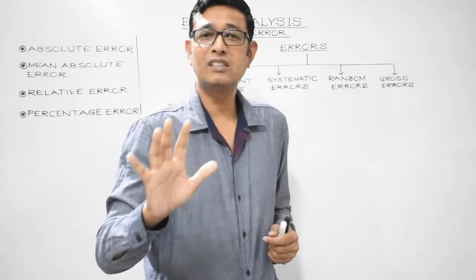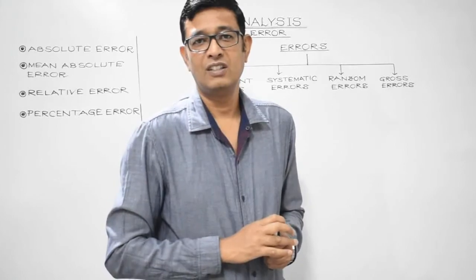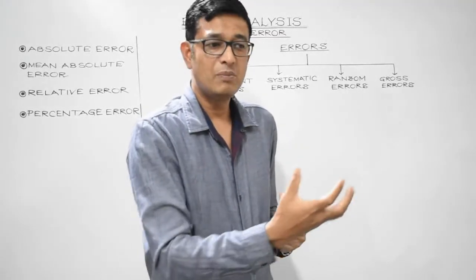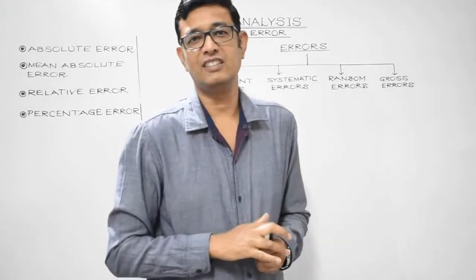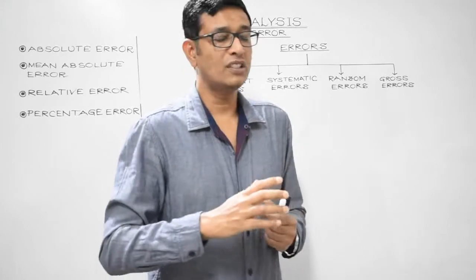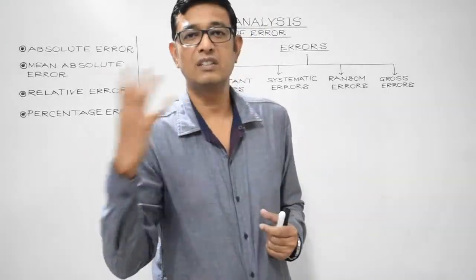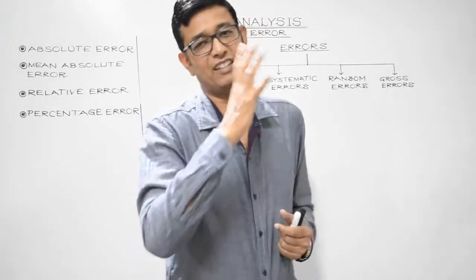So what I mean to say is that every instrument has got some limitations. So while using those instruments in a particular experiment, the measured values obtained suffer from some sort of uncertainty. And students, that uncertainty in the measurement of a physical quantity using instruments or devices is known as error.